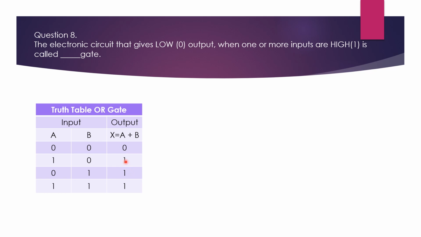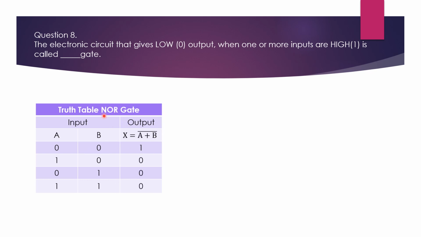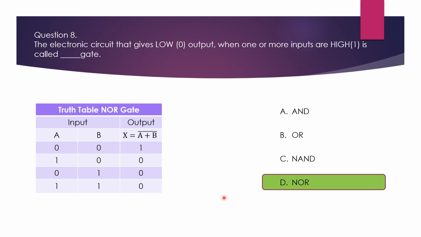We get a low output here because this is 1, and we should get a low output here as both are 1. So this is the NOR gate. The truth table for the NOR gate is this. So this is a NOR gate. The correct option here is D, NOR gate.